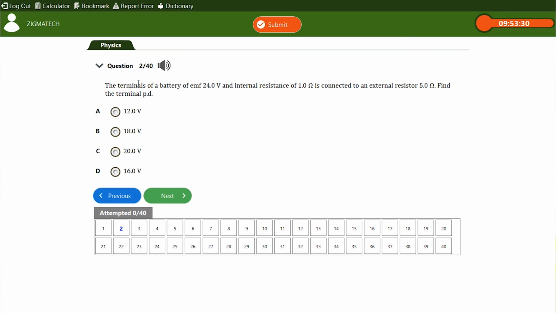Alright, in number 2, we say the terminal of a battery of EMF 24.0 volts and internal resistance of 1 ohm is connected to an external resistor of 5 ohms. Find the terminal PD.